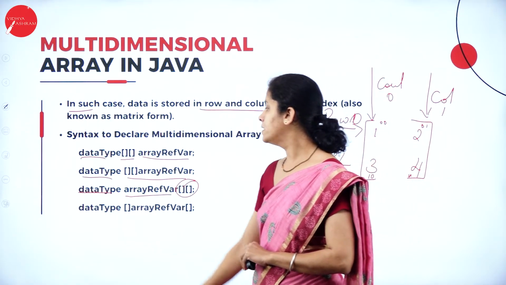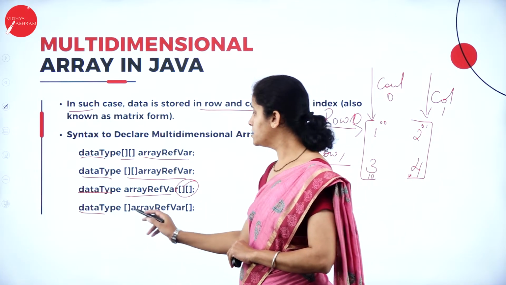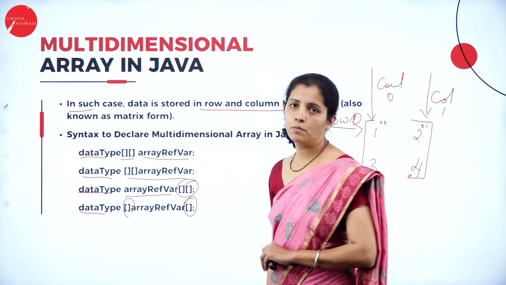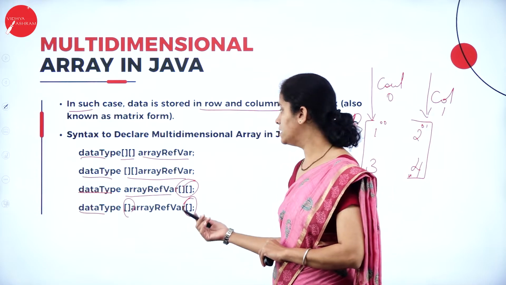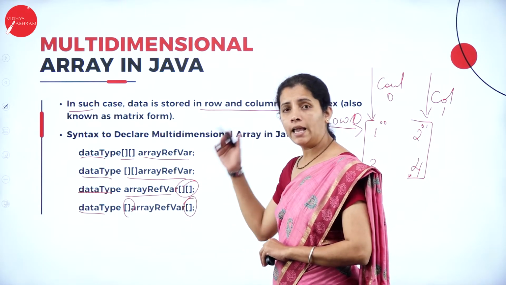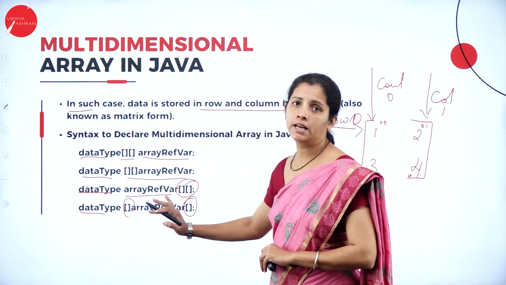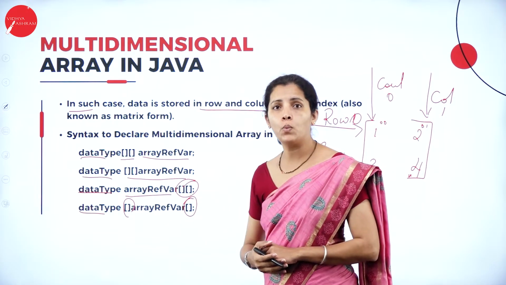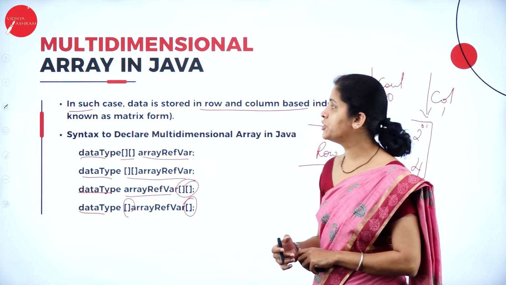Now here, data type, and I'm going to specify first the array, then I'm going to specify the array size at the end, and I can use any one of the types in my program. So all 4 are valid array declarations.